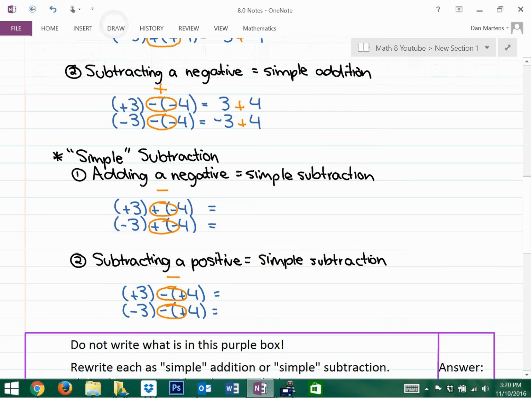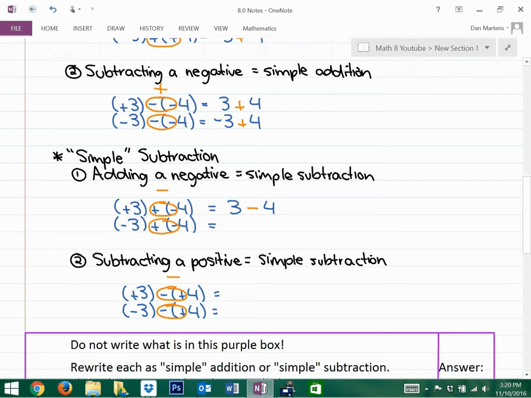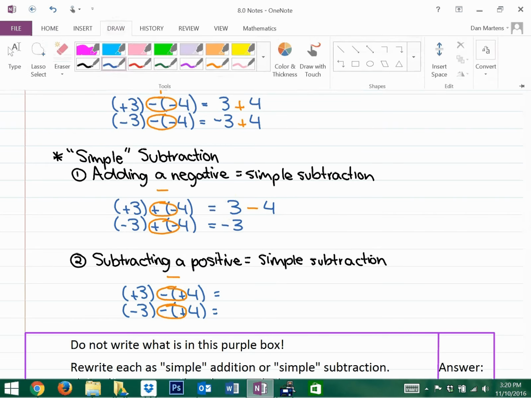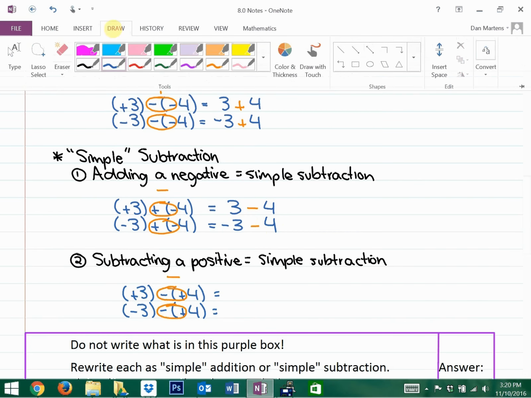So if I was to rewrite these questions, this first one would be 3, so positive 3 can be 3. Adding a negative is equivalent to subtraction, and then we can just make it 3 minus 4. The next one would be negative 3, and then adding a negative is the same as simple subtraction, and 4. And then the next two would actually be the same.